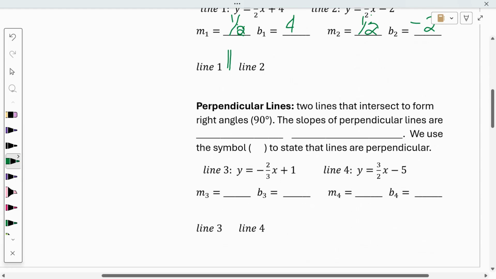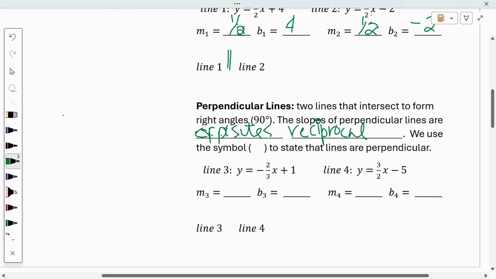Perpendicular lines are two lines that intersect to form right angles, or 90 degrees, and the slopes of perpendicular lines are opposite reciprocals.